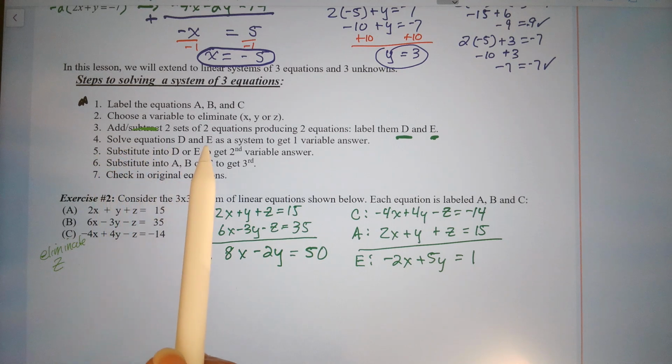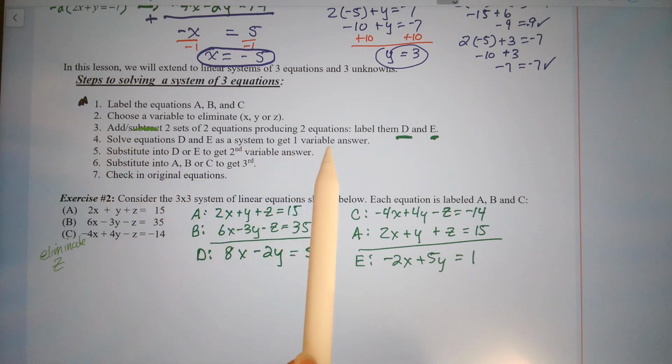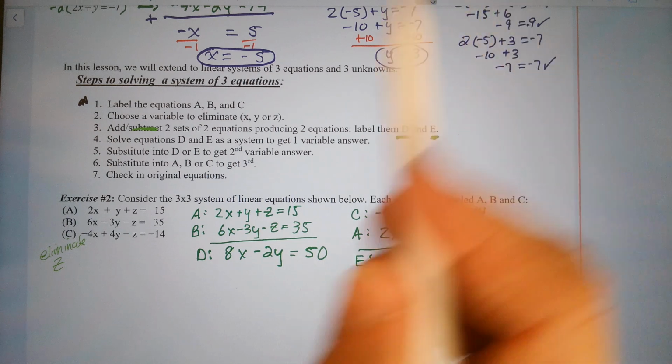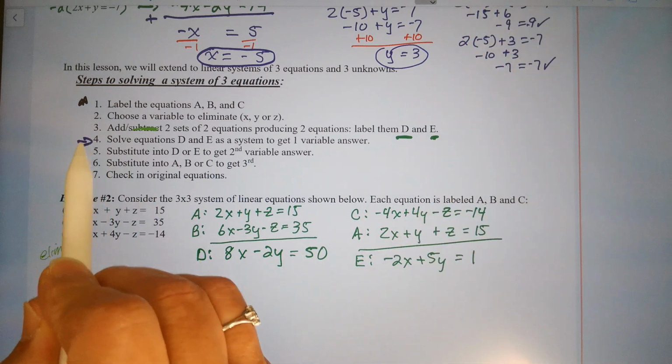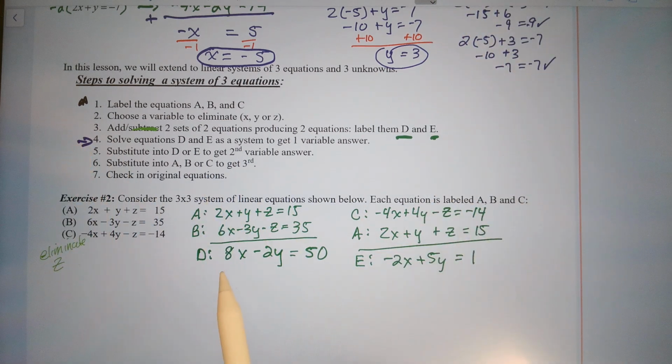Next, solve equations D and E as a system to get one variable answer. Okay, so here we are. We want to look at D and E. So now this is taking us to what we did back in number 1. We've got two equations, D and E, and two unknowns. So let's look at our x terms.